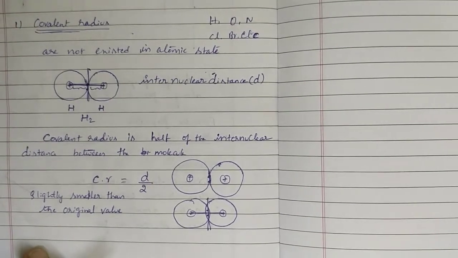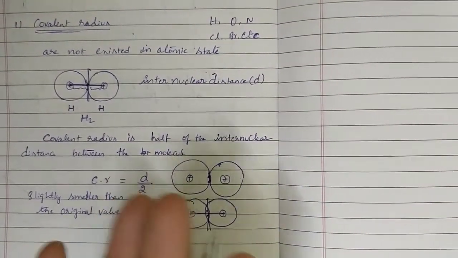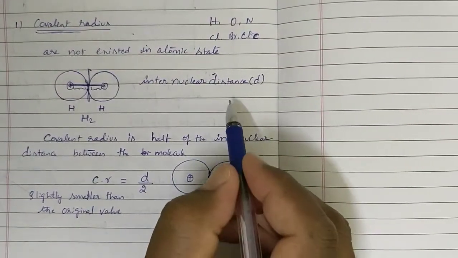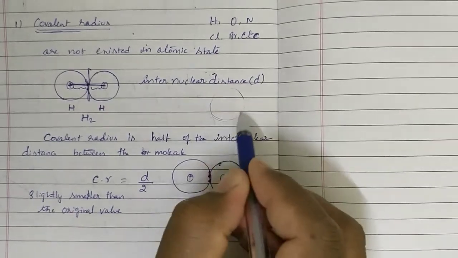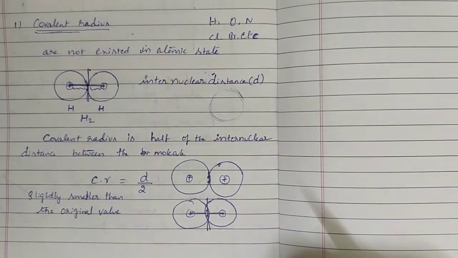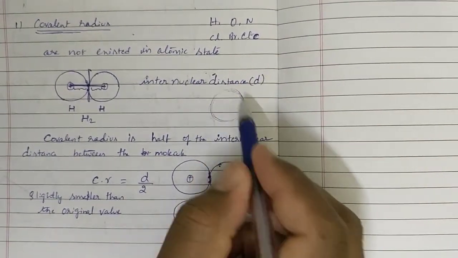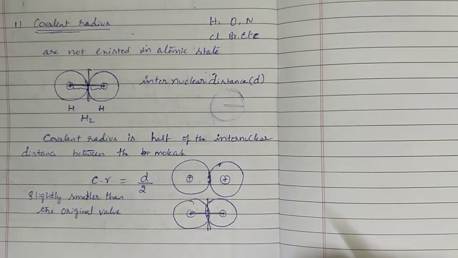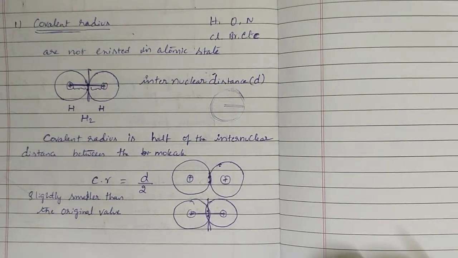Even though it is smaller than the original value, no scientist is there to find the accurate value of covalent radius, because first, the atoms do not exist. To find the exact distance, we would have to extract one atom separately and find the distance between the nucleus and the outermost shell. But it is not at all possible.